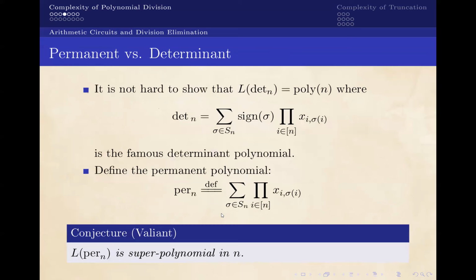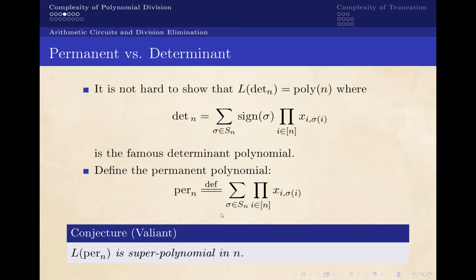Now let me state the central, holy grail conjecture in the field of arithmetic complexity. For this, let me first recall the determinant polynomial, defined as the determinant of the n cross n matrix. It is defined as a sum over all permutations sigma, where for each permutation we have the sign of the permutation and a monomial, the product over i in [n] of x_{i,sigma(i)}.